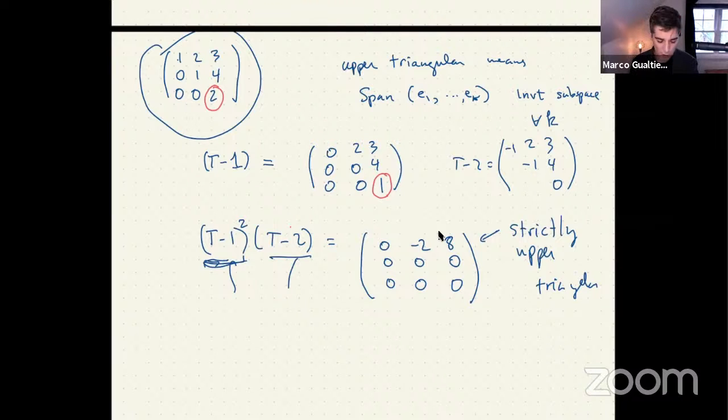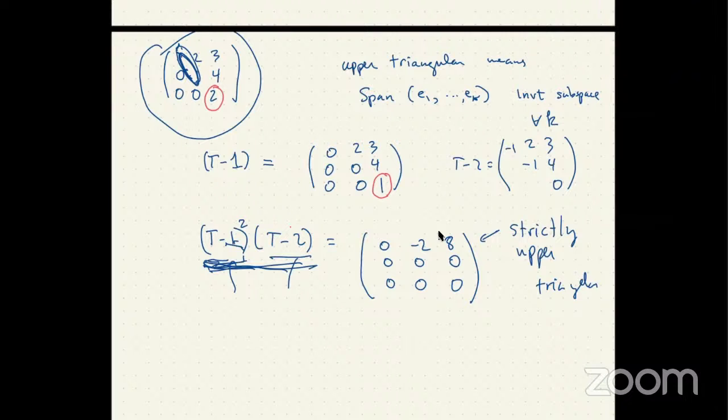But later on, we're going to prove that actually, if you just use the formula of taking t minus lambda to the power of however many there are, like in this case there are 2, and you take the product of all those, then that's the characteristic polynomial, and that will always kill. So in this case, we happen to have that the characteristic polynomial is the same as the minimal polynomial. But anyway, we're going to get to that later.